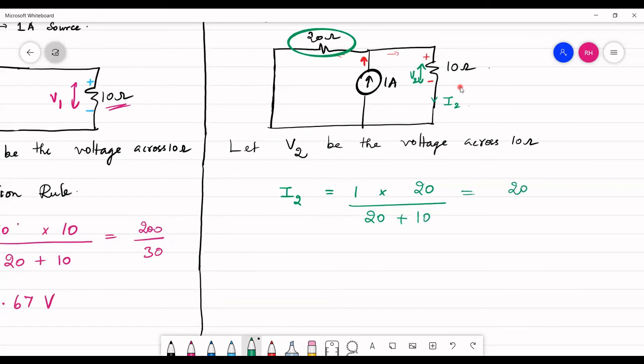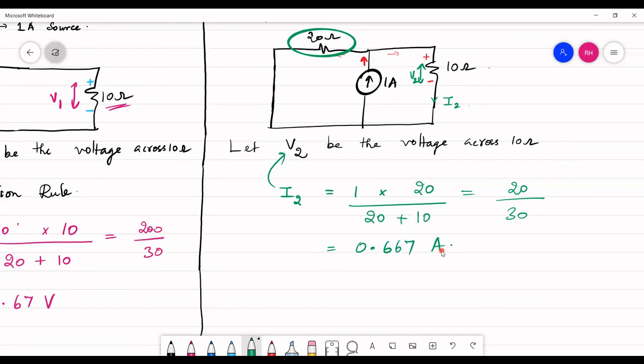So you have it as 20 divided by 30. So it is 0.67 ampere. Remember, this is the current, but we are supposed to find voltage. So let me have it as 0.667.